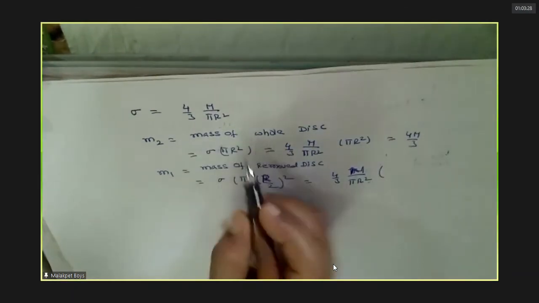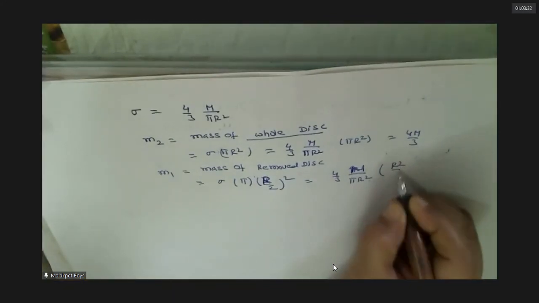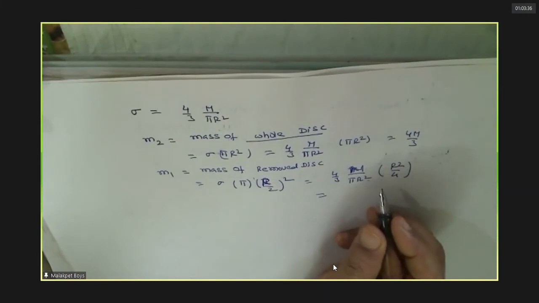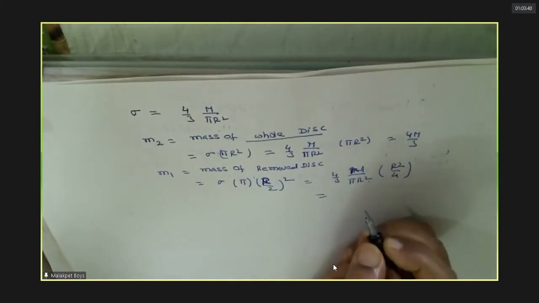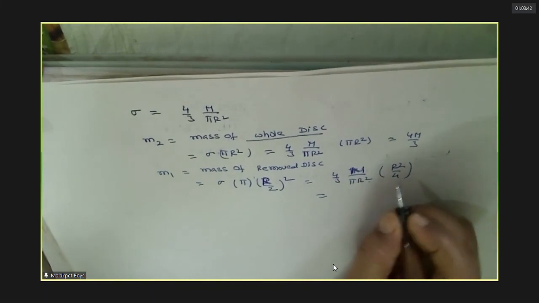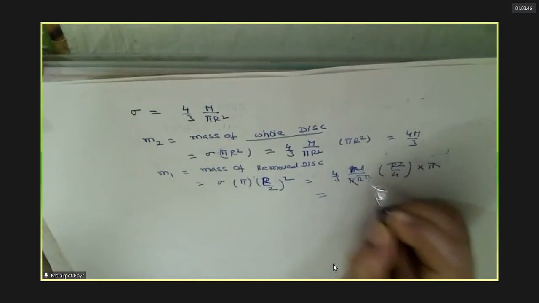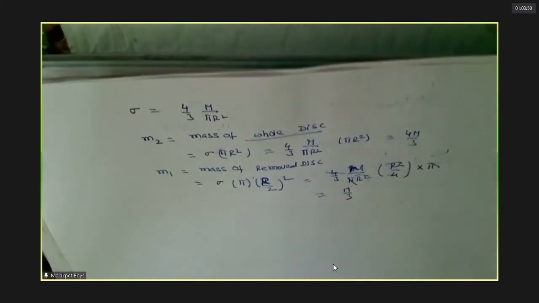This is the whole disk, man. Yes, sir. R square will go. Pi will also go, sir. What you are getting? M2 is 4M by 3.